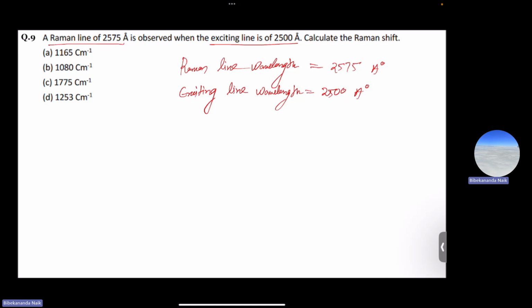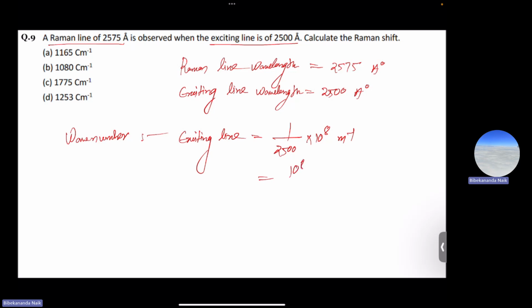we need to find out the wave number of Raman line and the wave number of exciting line. Then the difference will be the Raman shift. So for wave number for exciting line, it is 1 by 2500 into 10 to the power 8 meter inverse.